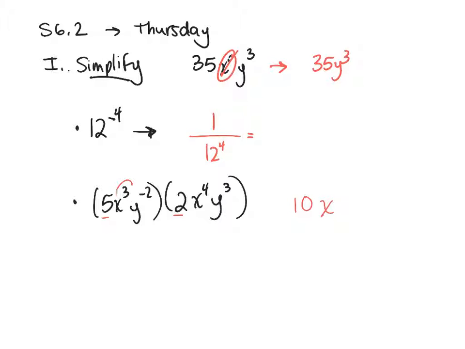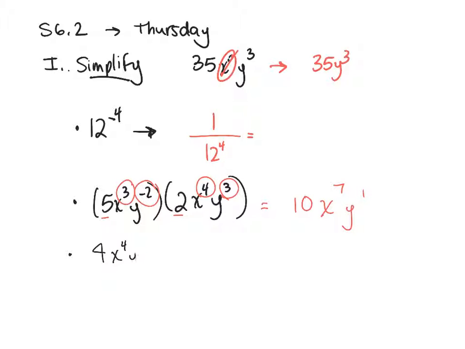X to the power of, you add their exponents, 7, and y to the negative 2 plus 3 is 1. If one of the exponents turned out to be negative, you would have to make sure that you relocate it.